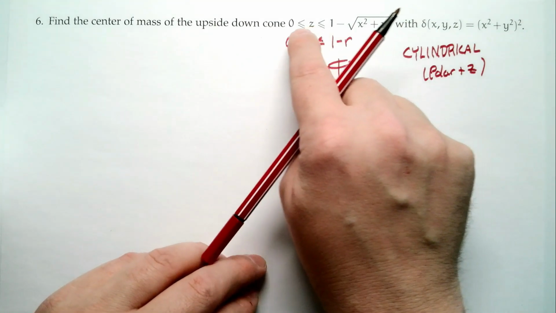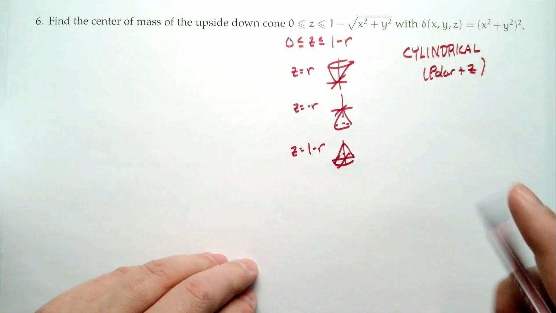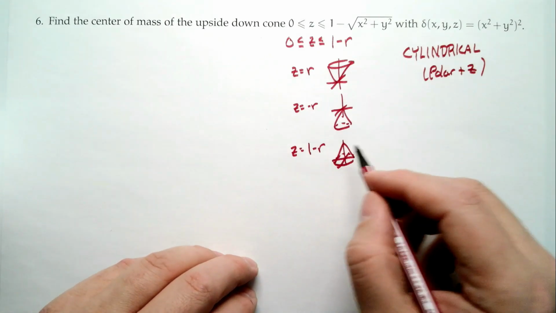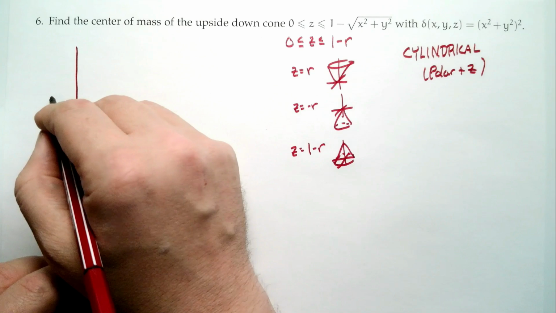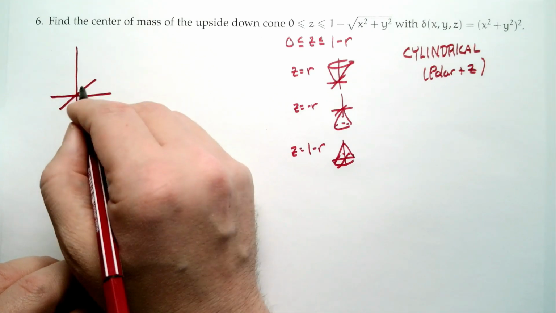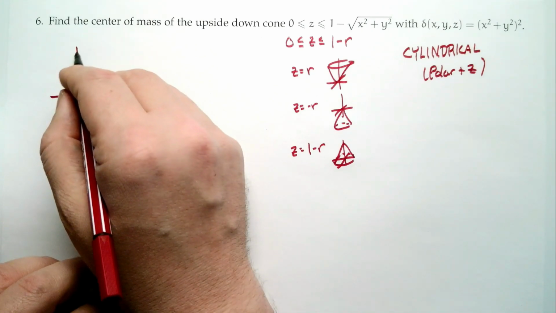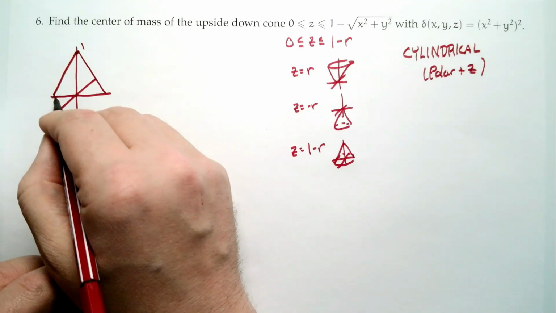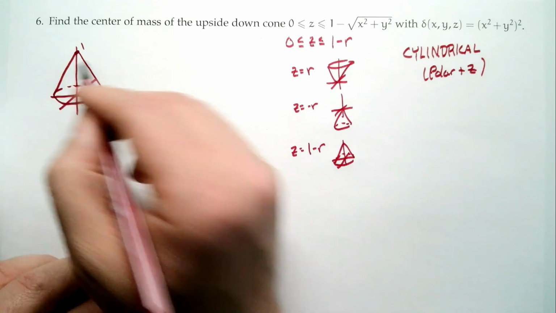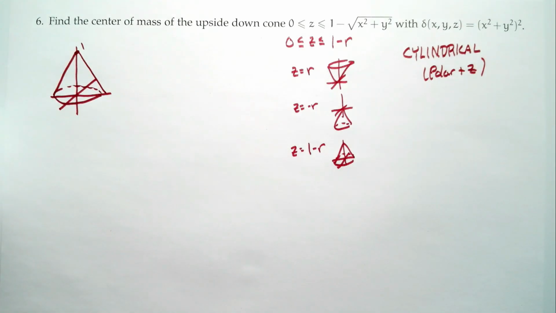Well, the bottom is z equals 0, which is the xy plane. So our picture of our shape is, we can sketch a cone starting at 1 and coming down to the xy plane. So there's our cone.